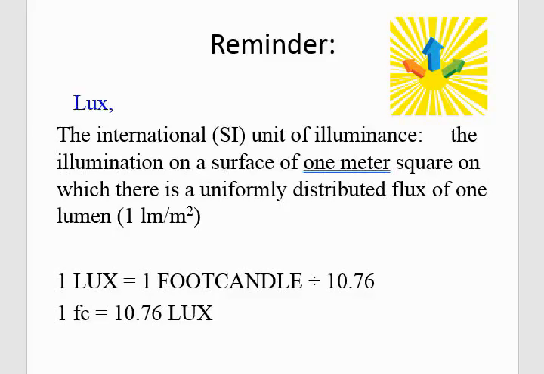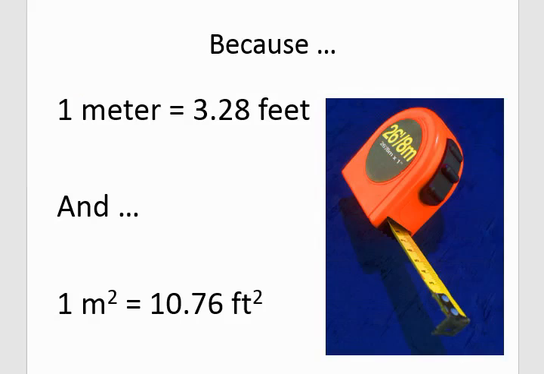Your light meter will probably read both lux and foot candles, and the conversion rate is 10.76 because 1 meter equals 3.28 feet, so 1 square meter equals 10.76 feet squared.